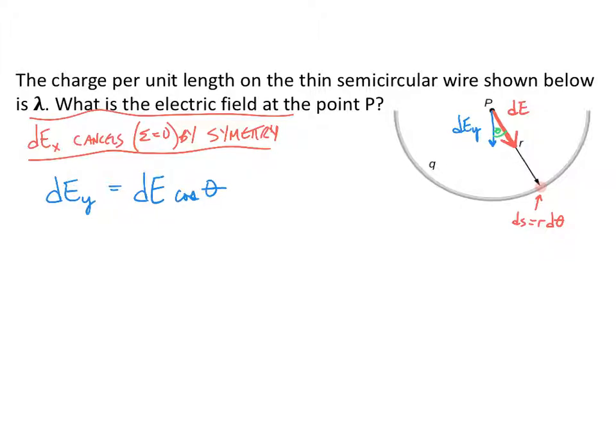Because the y direction is adjacent to the angle. Hence, cosine is the trig function that we use. Okay? Since there's an angle involved, we have to go polar on it or trigonometric on it. We have to do that. Okay? To relate that back to our x and y pieces of the puzzle. So now I've expanded what dE in the y direction must be, okay?